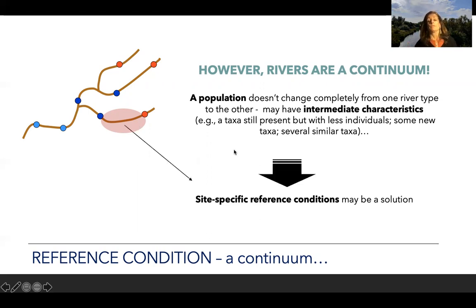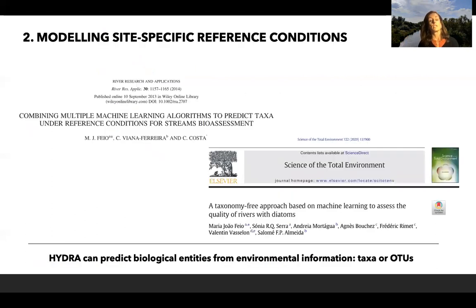So what we could do is to calculate site-specific reference conditions in all the cases. Whenever we want to assess a site, we will calculate the reference condition adequate to that site and not really to the river type. So that's what we try to do here with this approach, the Hydra.